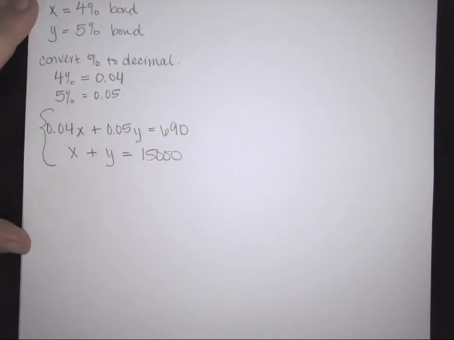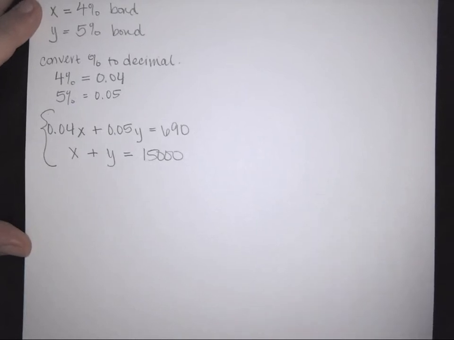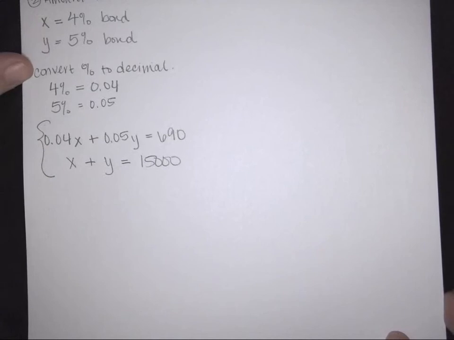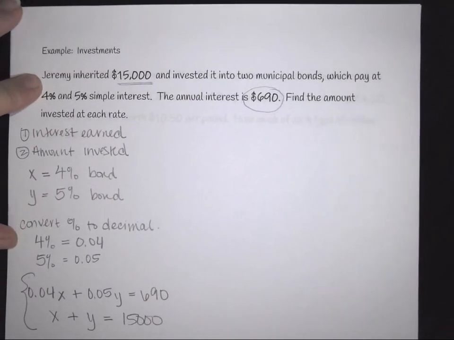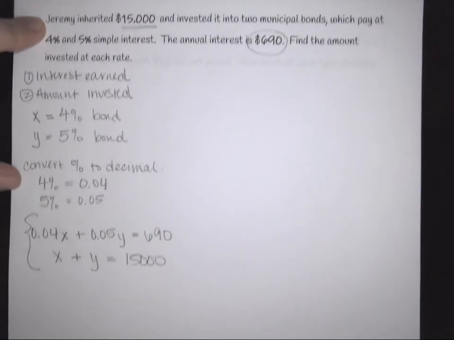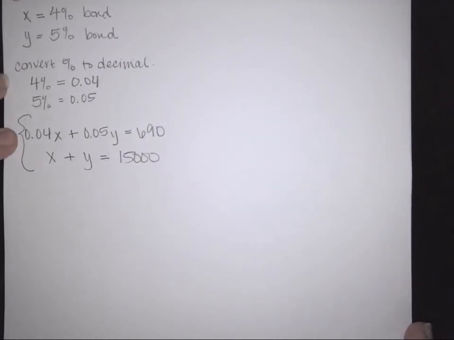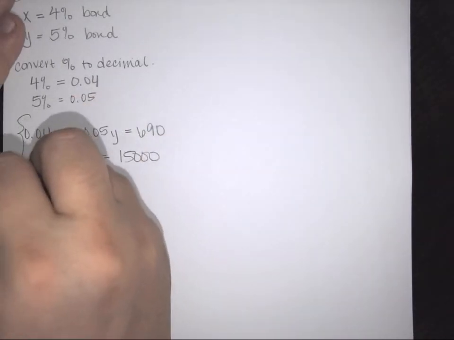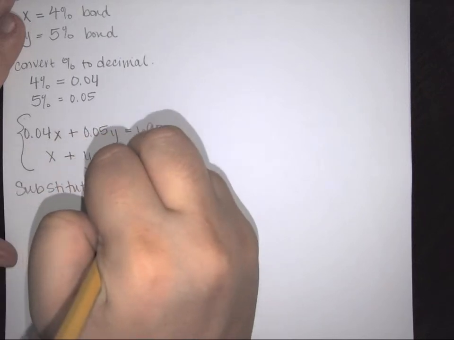Now, there's one thing that you need to keep in mind when we're talking about substitution versus elimination, and that is elimination cannot have fractions. It should be whole numbers. So when we're talking about this system here, I have these decimals, so that means I would go ahead and use substitution as my method of choice.